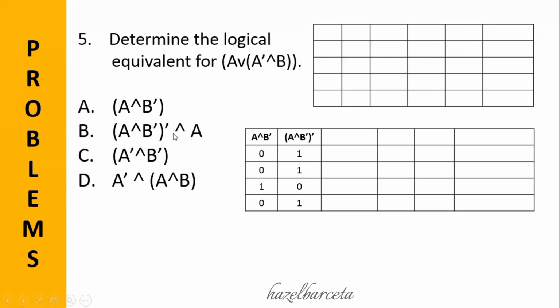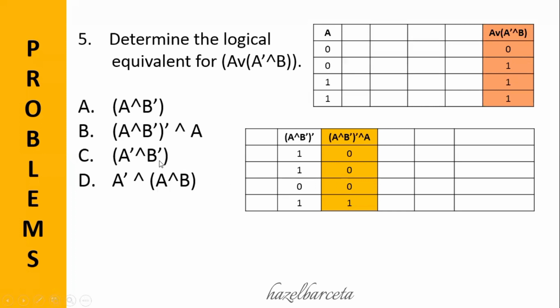And, ang next po niyang combination ay ang A. So, ito at si A with AND operation. Kay AND operation, both 1 will be 1. So, 0, 1, 0, 1. So, ito ang 1 sa ilalim. Sa bottom, rather. So, this will be 1 and the rest will be 0. Again, hindi pa rin po siya pareho sa ating given.